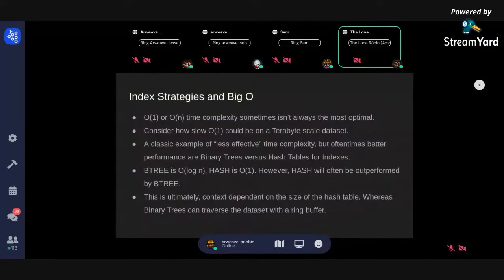The hash table will outperform on a smaller data set, but the B-tree will outperform on a larger data set. This is because the B-tree can traverse the data set in a ring buffer. With a ring buffer, you don't need to store the entire data set in memory, and you can basically pipe data in sequentially, so you don't run out of RAM scanning the database. So that's just something to keep in mind.